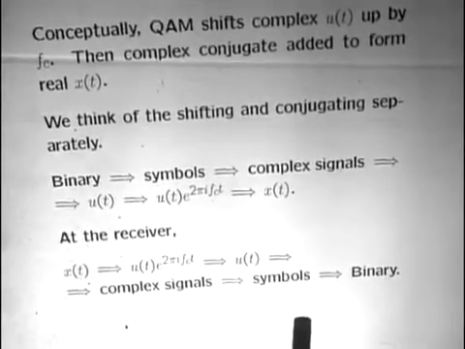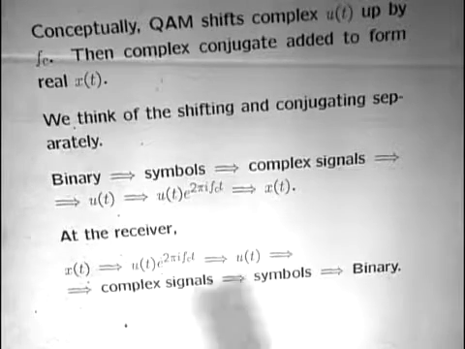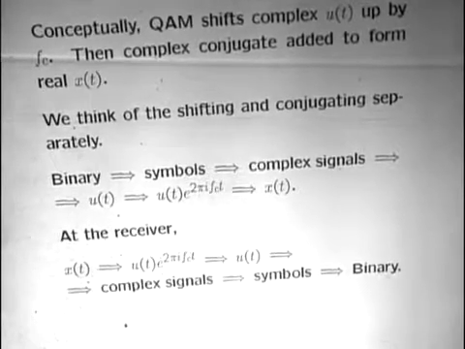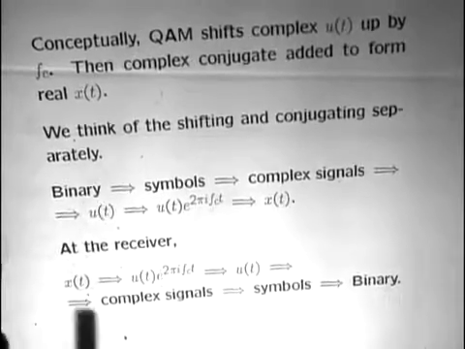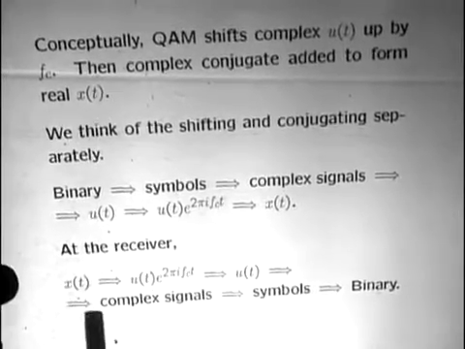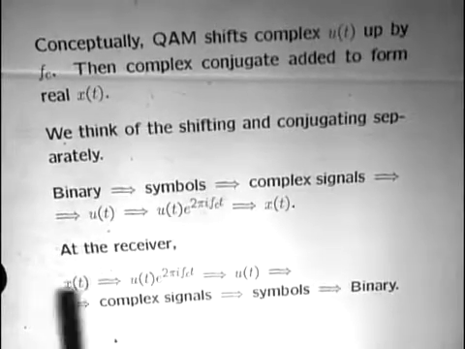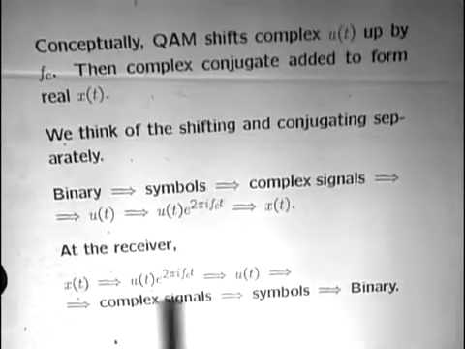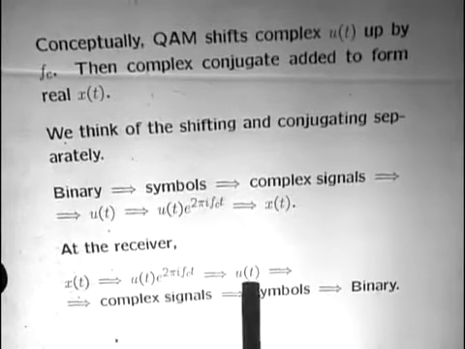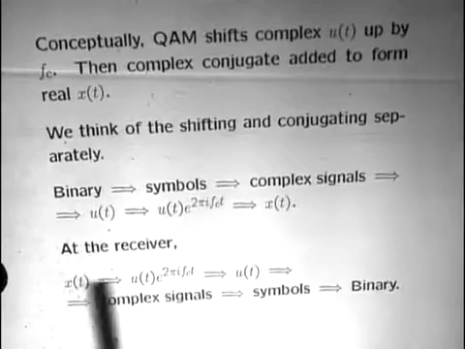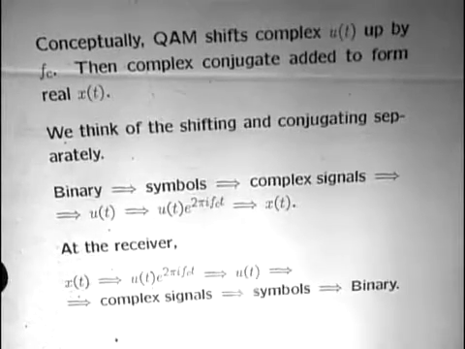As always, we do just the opposite. Namely, one of the reasons for wanting to think about this way is we want to use this layering idea. And the layering idea says you start out with the received waveform x of t, and later on we'll have to add the noise to it. You go from there to the positive frequency part. You go from the positive frequency part, you shift it down to u of t. How we get from here to there, I'll explain in a minute. You go from here down to baseband again.